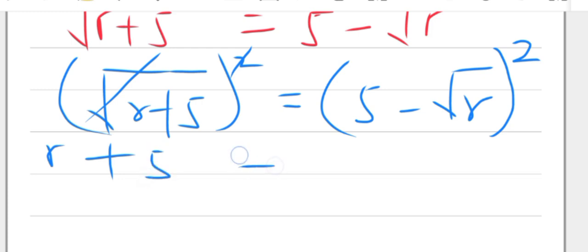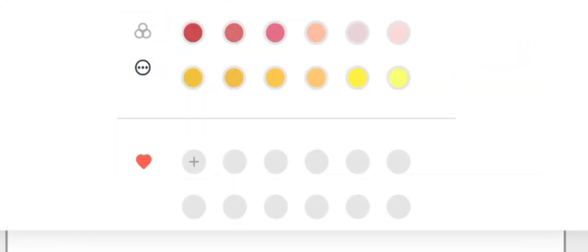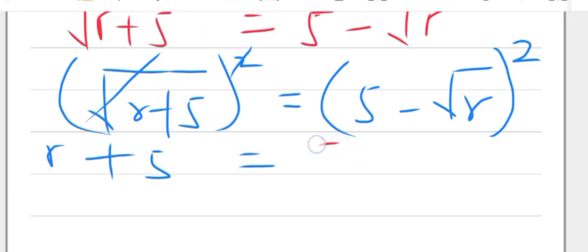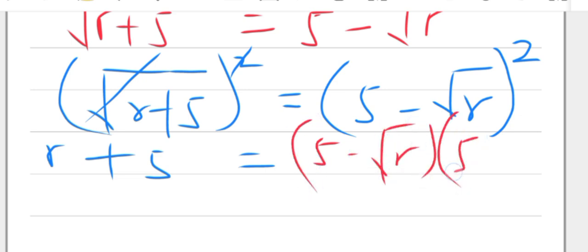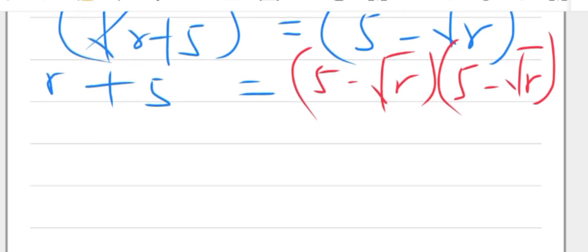On the right hand side, we have 5 minus root r multiplying itself two times, so we have 5 minus root r times 5 minus root r. At this level, you can use FOIL or whatever method you think is okay for you to resolve it.